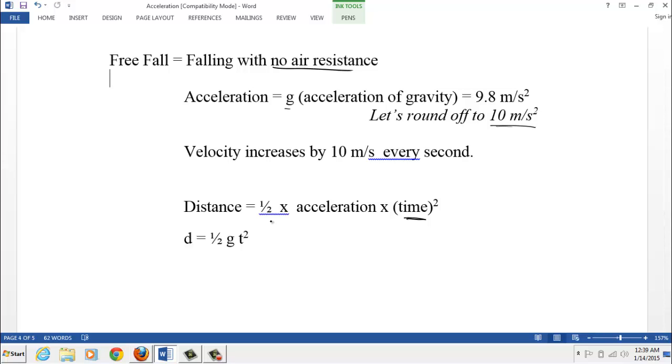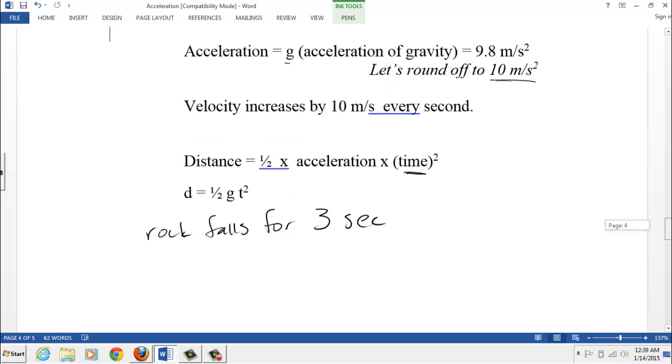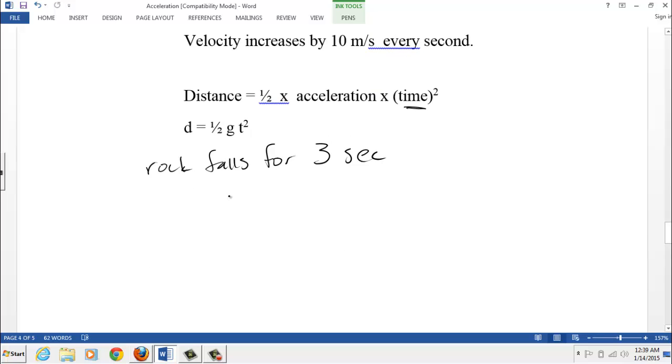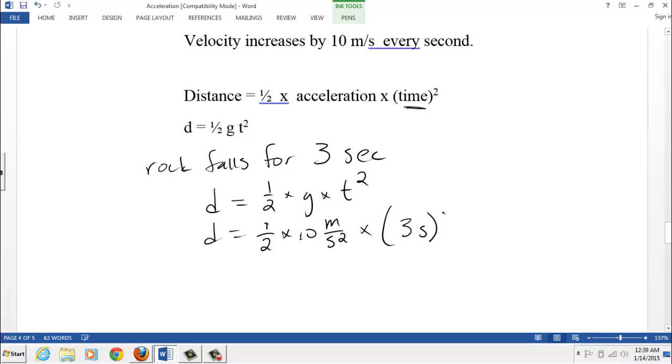As an example, let's say the rock falls for 3 seconds off of the cliff. If we want to know how far it's fallen, we can take this equation and calculate it. The distance is equal to 1/2 times 10 meters per second squared times 3 seconds squared.